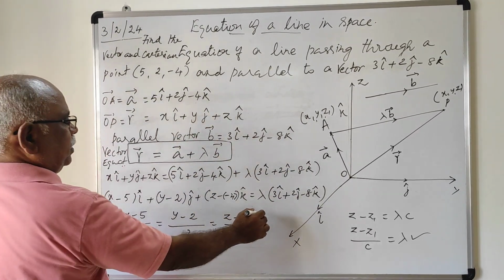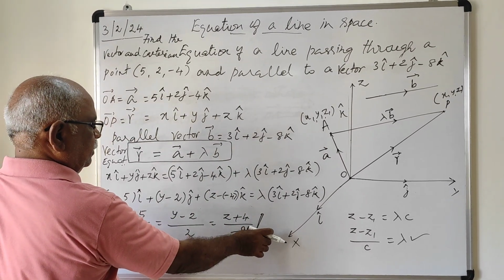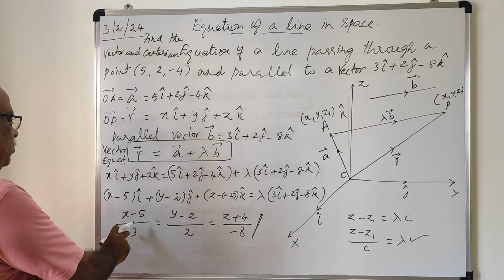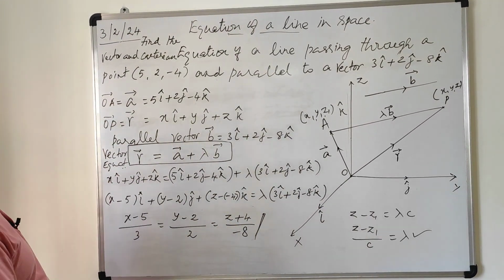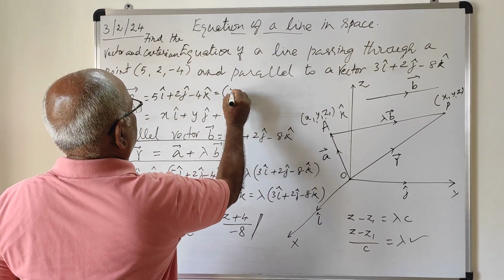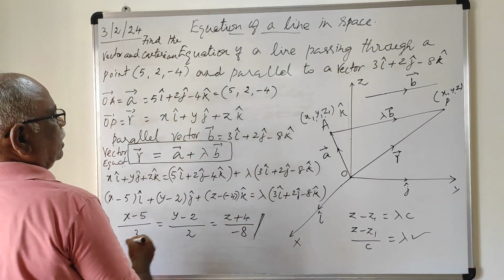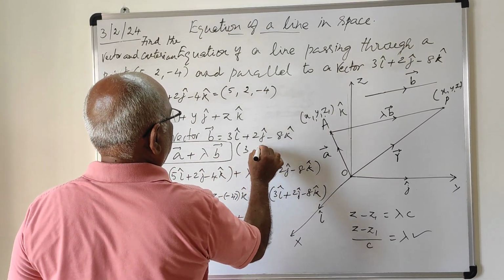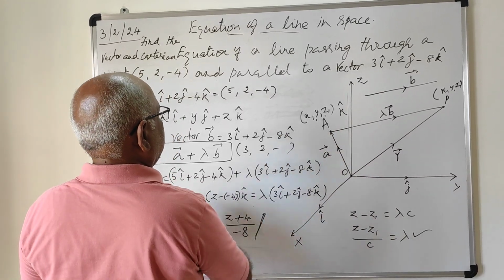So this is the Cartesian equation of the line: x minus x1 by a, y minus y1 by b, z minus z1 by c. Here x1, y1, z1 is 5, 2, minus 4, and x, y, z are the variables. A, B, C are 3, 2, minus 8, and this is our b vector.